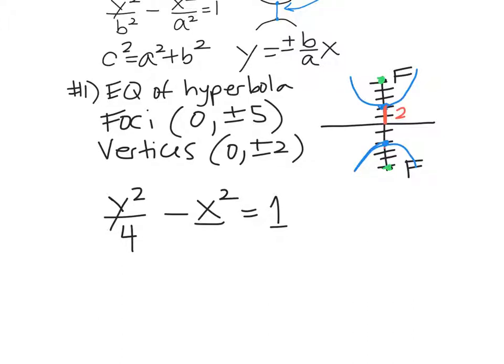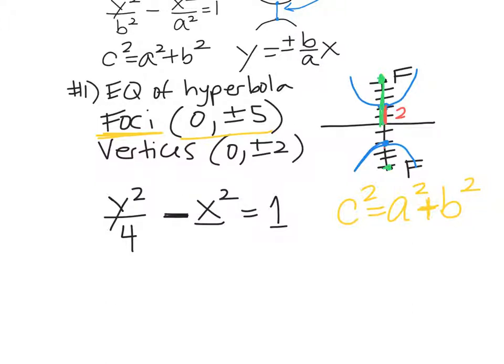Better late than never. All right, the foci: anytime you're given the foci in a problem, you have to use the foci equation, c squared equals a squared plus b squared. Remember, if this is minus, then your foci equation will be plus. C is the distance from the center, here at the origin, to your foci. How far is that?